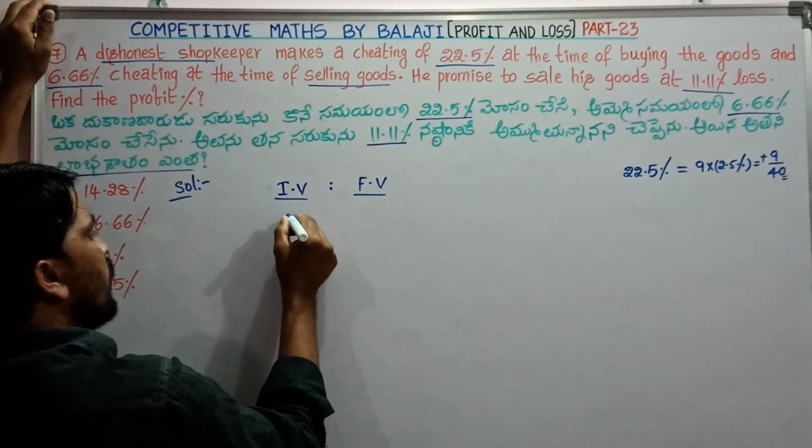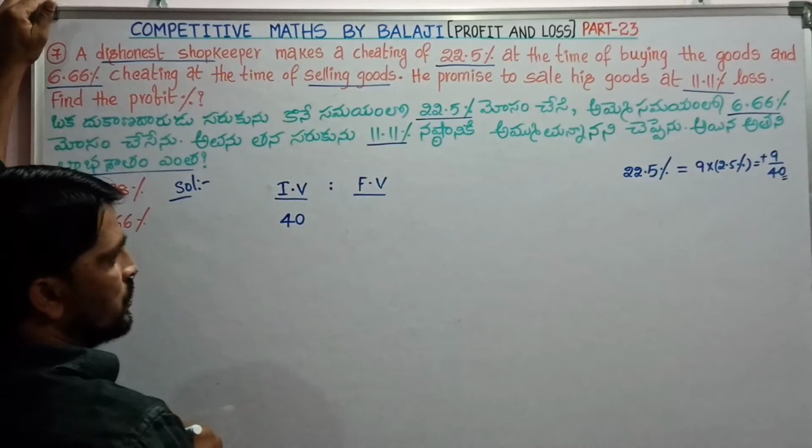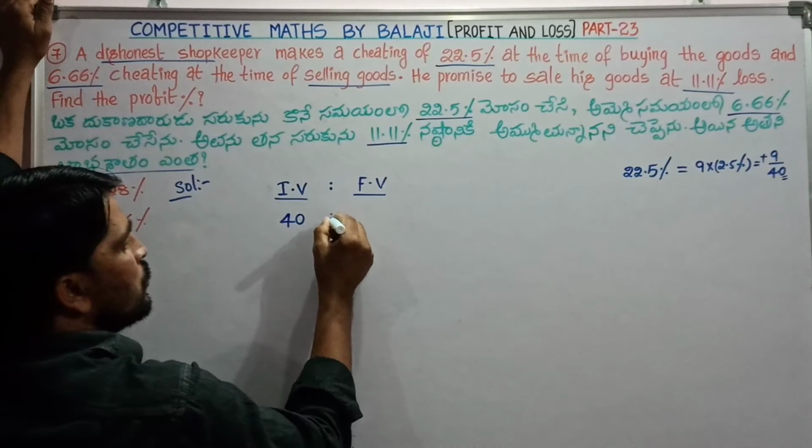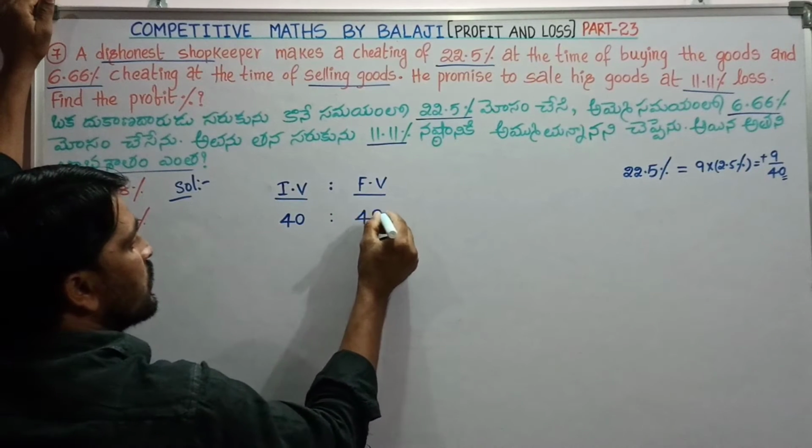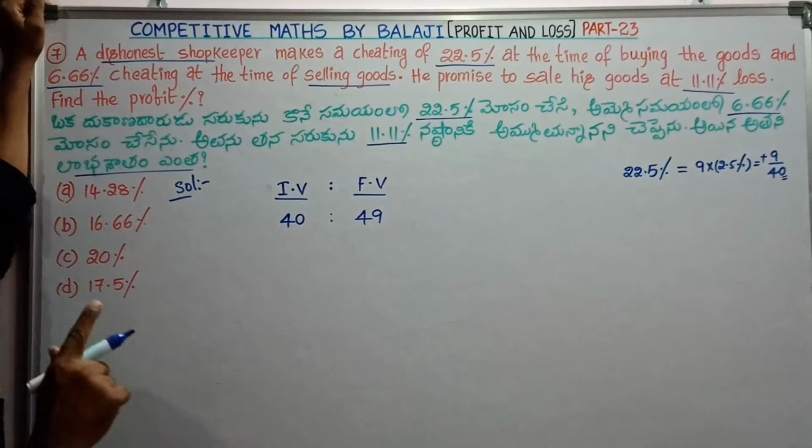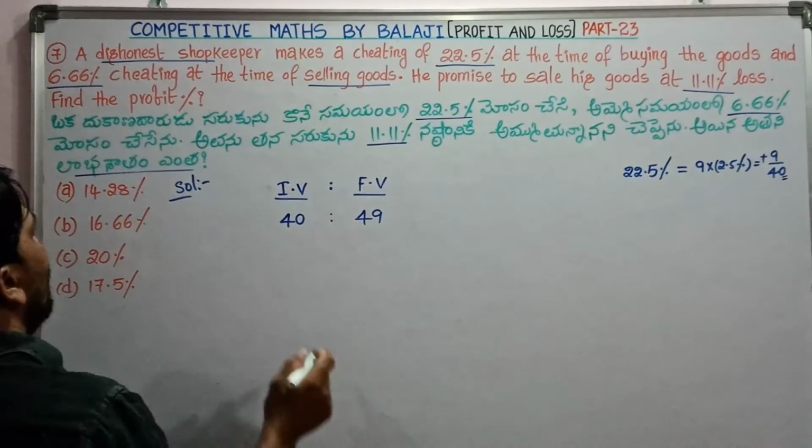He has to take 40 kg of goods, but instead he takes 49 kg of goods at the time of buying the goods.